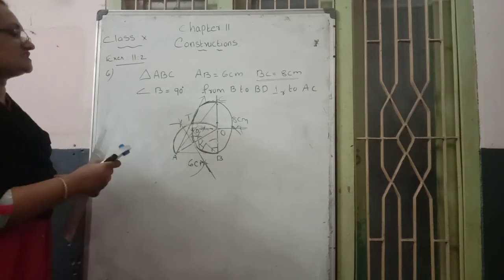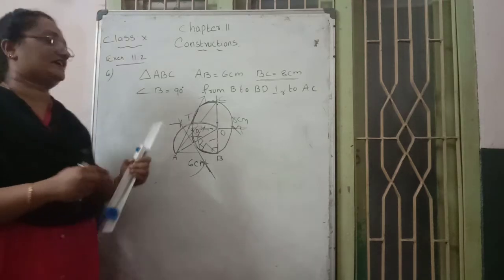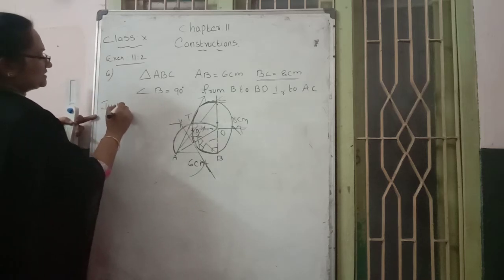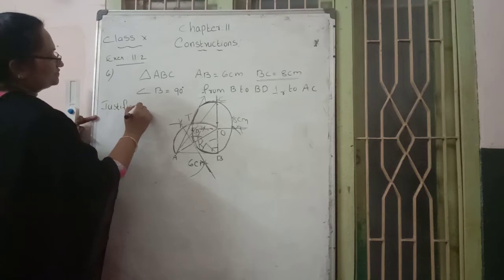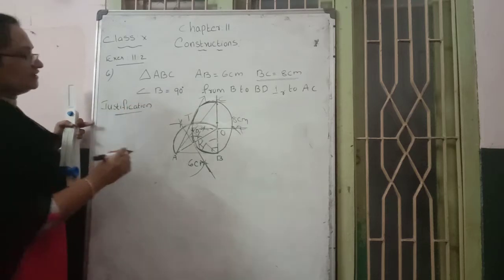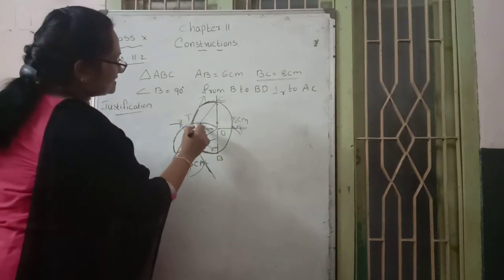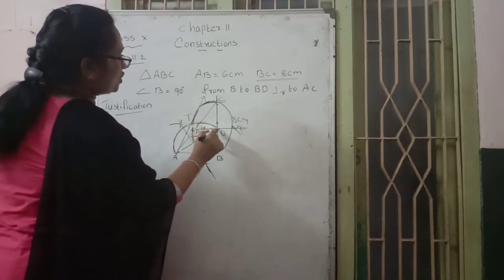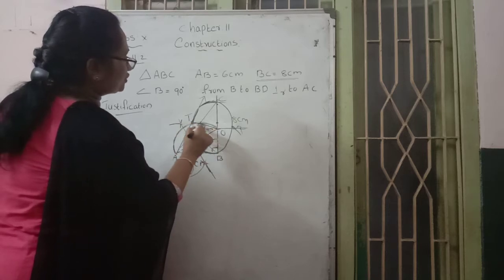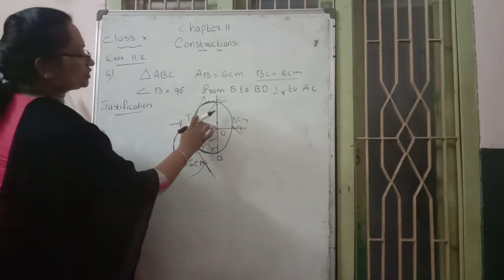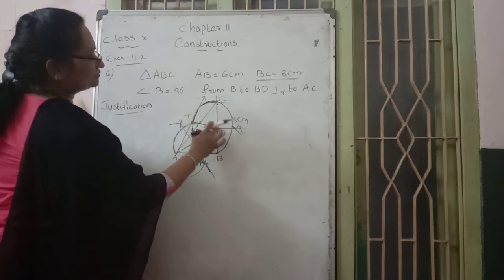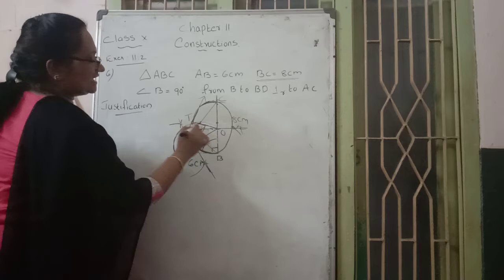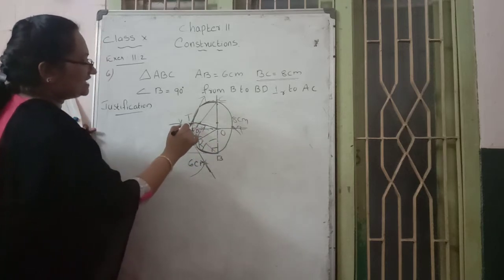Then next step, this is the construction for the right angle triangle. Justification: how to write the justification? First, join O to T. Joining here, we get a right angle triangle.